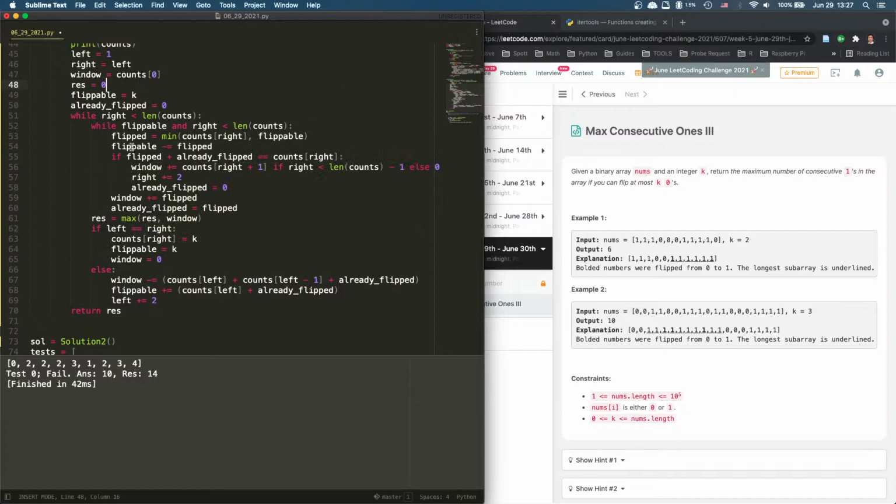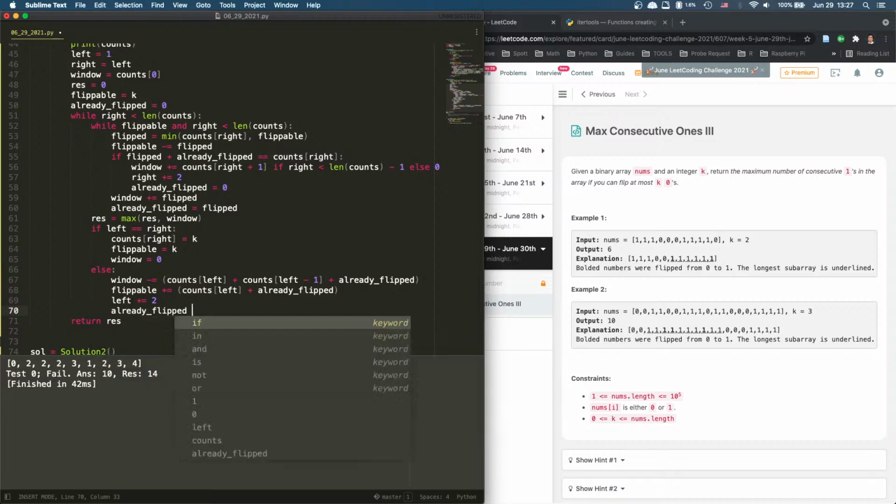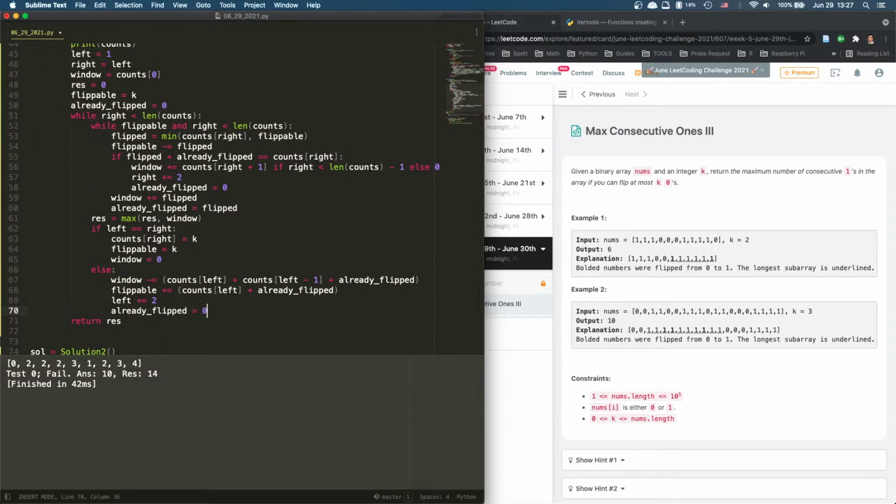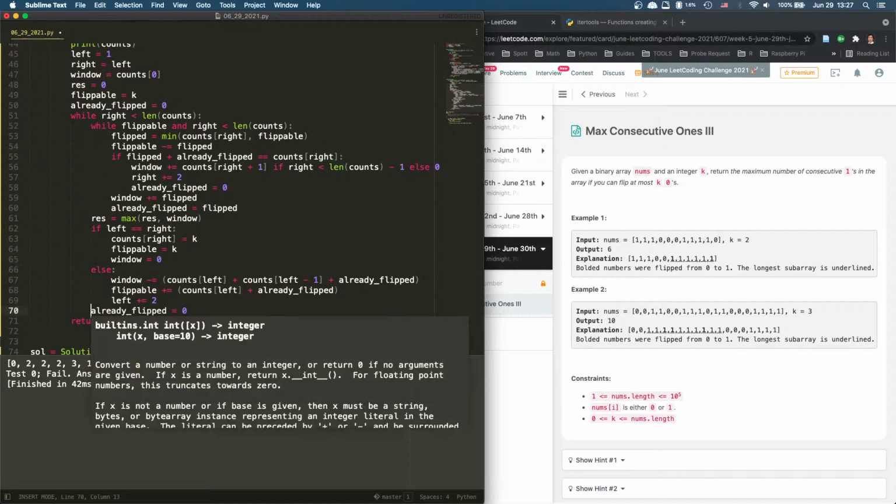And flippable minus equal to, and then after this, already flipped also, we're going to do 0, right? If left equals right, counts right, shrink it, flippable equals this, then already flipped back to 0.